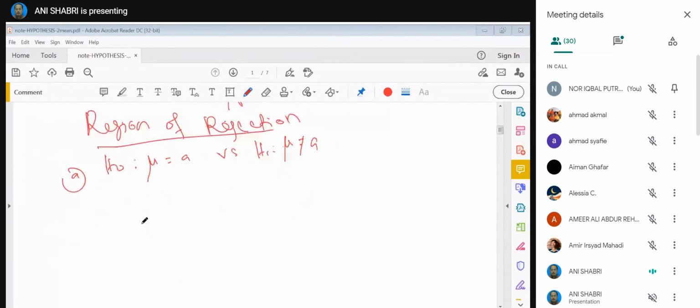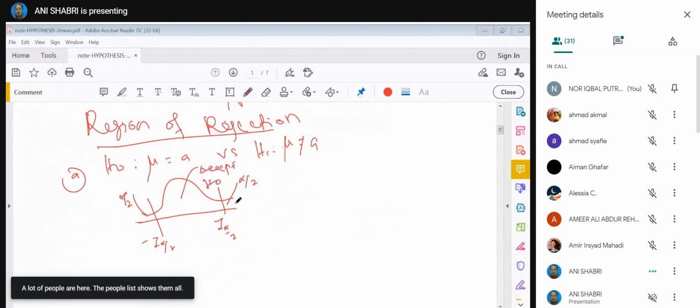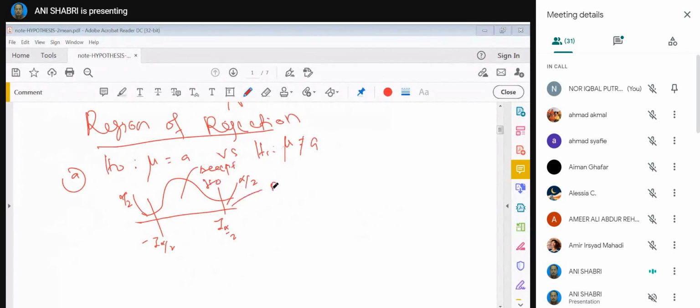Alpha must be divided by 2. This one is Z alpha divided by 2, and this one is minus Z alpha divided by 2. This is the region to not reject H0, and these are reject H0. We have two borders.